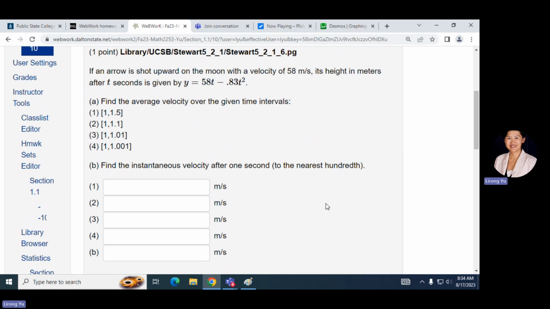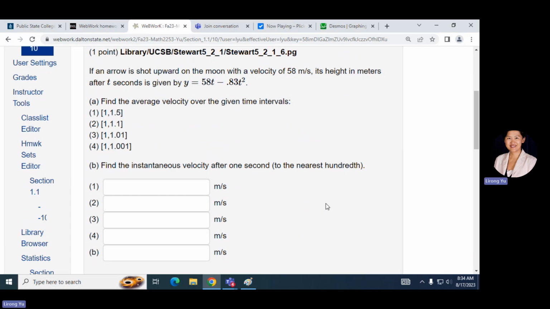Did you ask number 10? Yes. What do I fill in? Yeah, these should be the velocity.